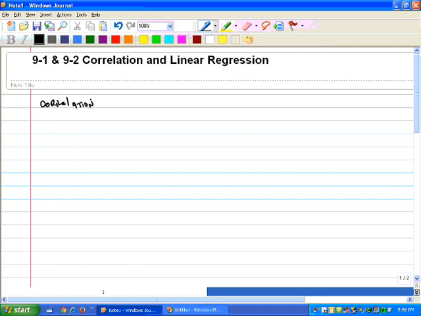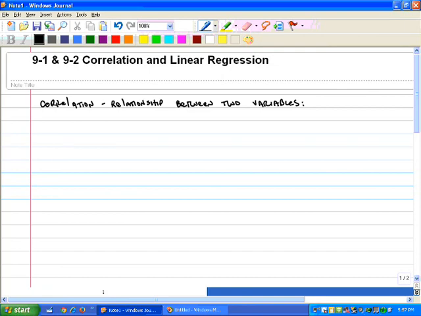A correlation is a relationship between two variables. In this section, we're going to deal with relationships between two quantitative variables, or variables that can be represented with numbers.